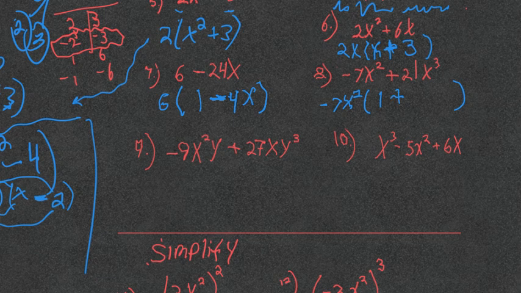And negative 7x times what is going to give me this part? 3? Negative 3? So it's going to actually be a negative. And I have 3. And what am I going to put beside the 3? You should know that there's another x, because x times the x squared on the outside would equal the x cubed.